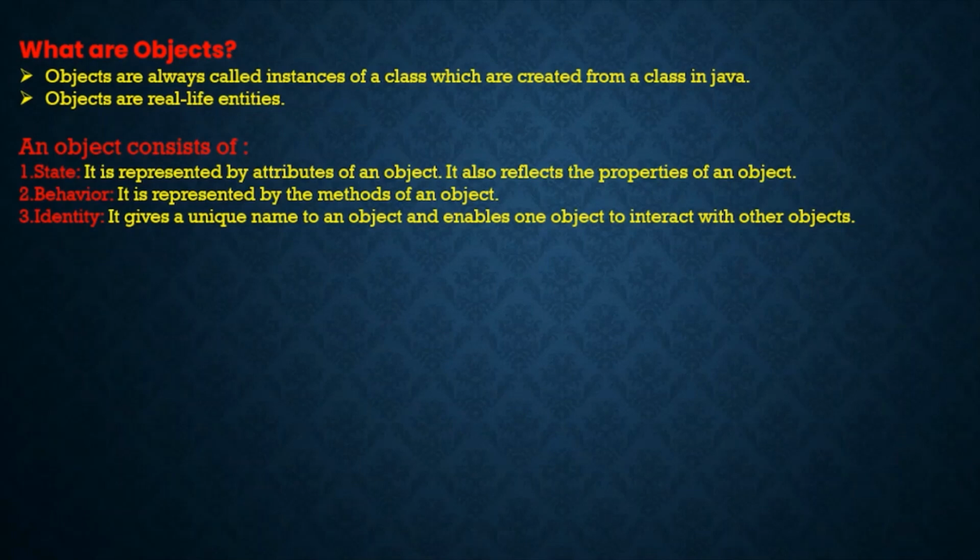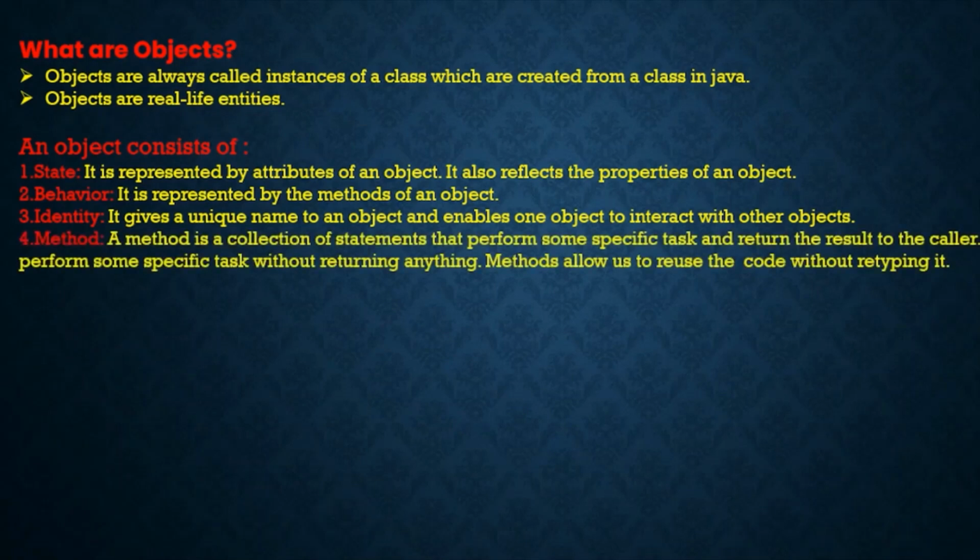We can identify object 1 by obj1, and object 2 we can identify by obj2. That is nothing but identity. And then method, I have already told: we use a method to perform some specific task, right? So these are the things an object may contain.